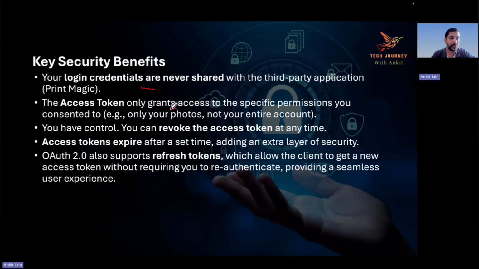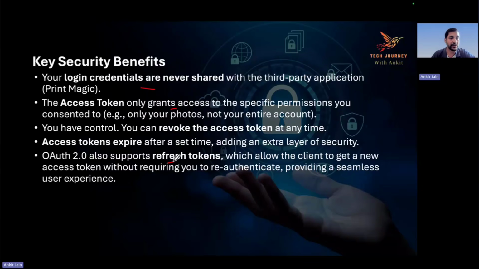In the case of OAuth 2.0, you have more control over when to revoke the access token. And the good part about the access token here is it expires after a specific set of time. OAuth 2.0 also supports the concept of the refresh token, with the help of which you can allow the client to get a new access token without re-authentication, so that the end user will feel a seamless user experience.